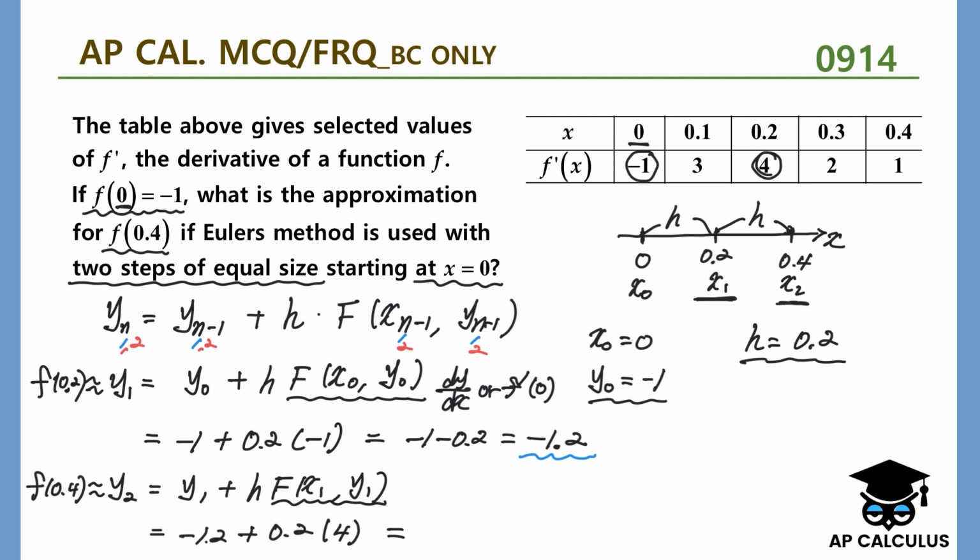So that's going to be equal to negative 1.2 plus 0.8, that's negative 0.4. That's our approximation for f of 0.4 using Euler's method.